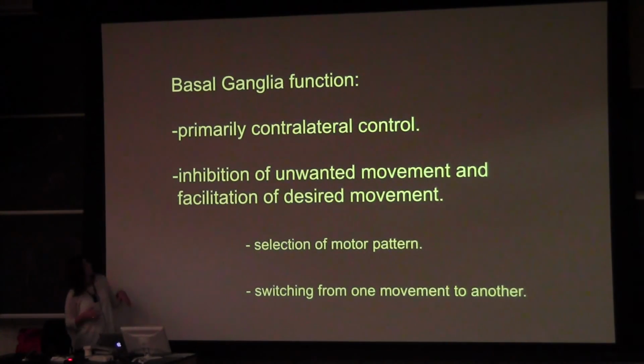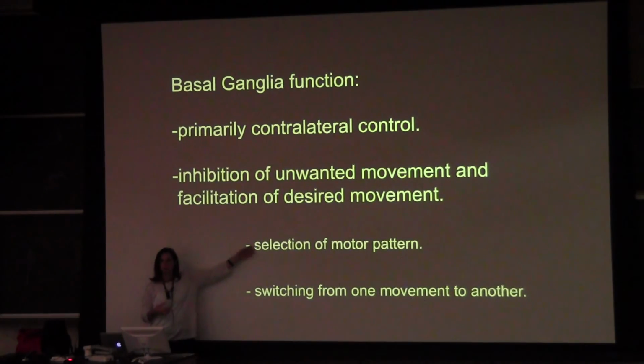With basal ganglia contralateral control, we think it's important maybe for inhibiting unwanted movements and allowing the movements you want to actually come through. So it's got this funny inhibition that allows you to do this, or that's one idea. It may be important for selecting the right motor pattern that you want, and it might be important for switching from one movement to the other.